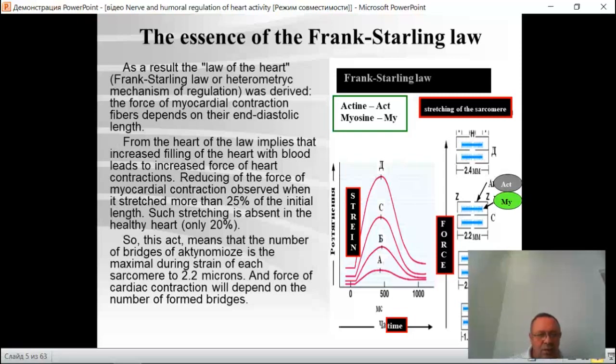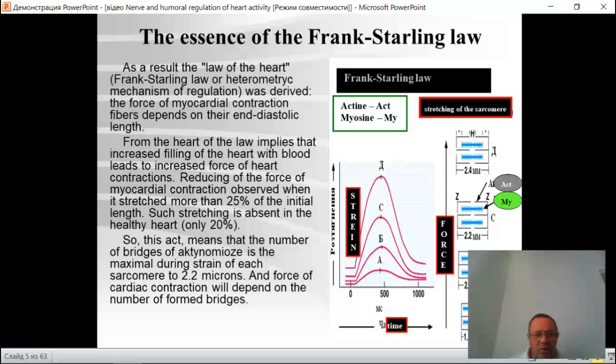Frank-Starling law, or heterometric mechanism of regulation, was derived: the force of myocardial contraction fibers depends on the end-diastolic length. From the law of the heart it follows that increased filling of the heart with blood leads to increased force of heart contractions.